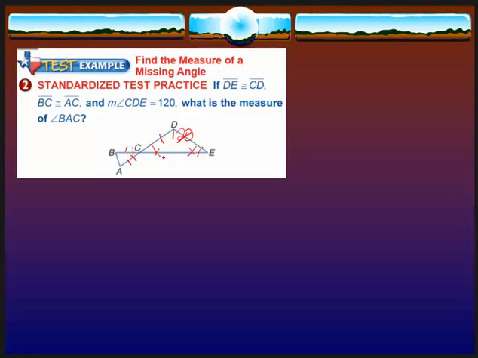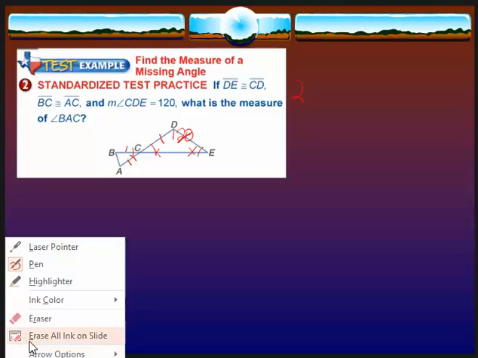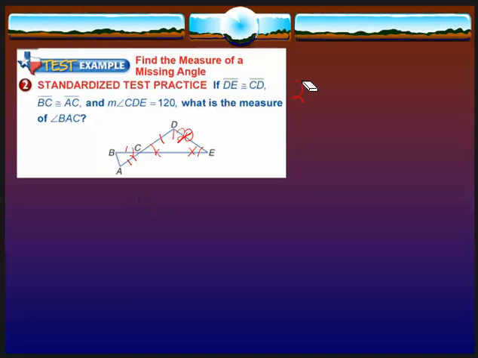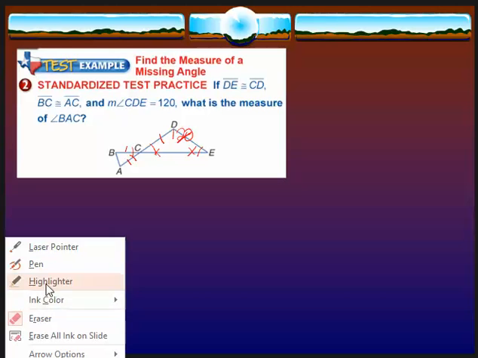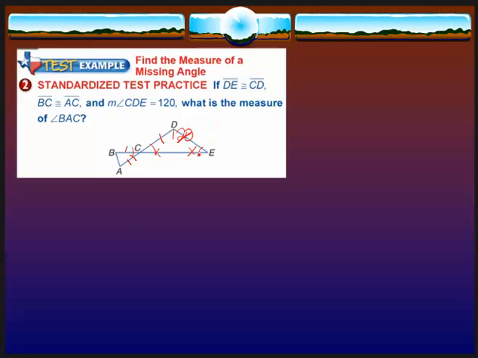How would I find those angle measures? Well, we know that all three angles have to add up to how much? 180 degrees.